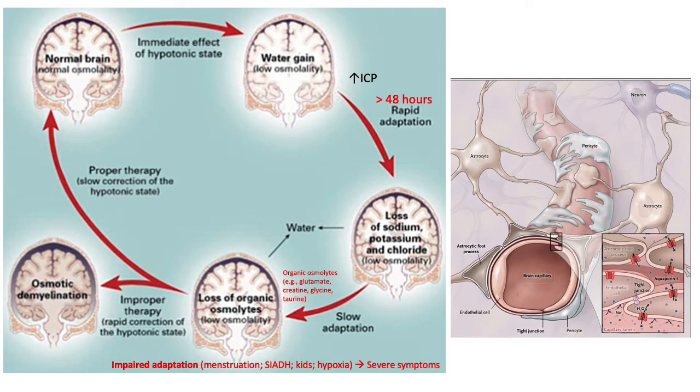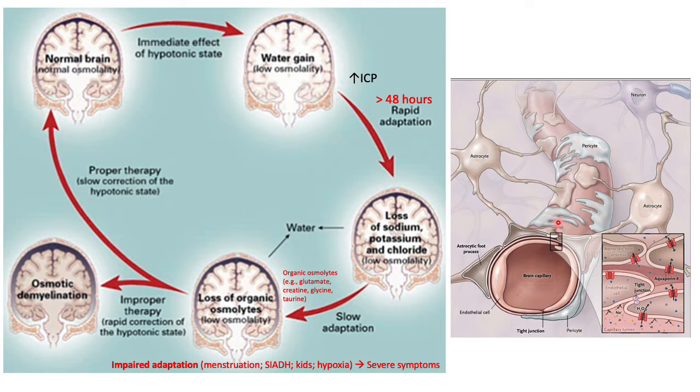Now this is another diagram to illustrate the adaptation that happens within 48 hours and after 48 hours. Basically, this is the brain, the blood-brain barrier, and the blood vessels inside the brain. When there's hyponatremia, there's less sodium and more water. Usually sodium can penetrate most cell membranes, but the blood-brain barrier is an exception.